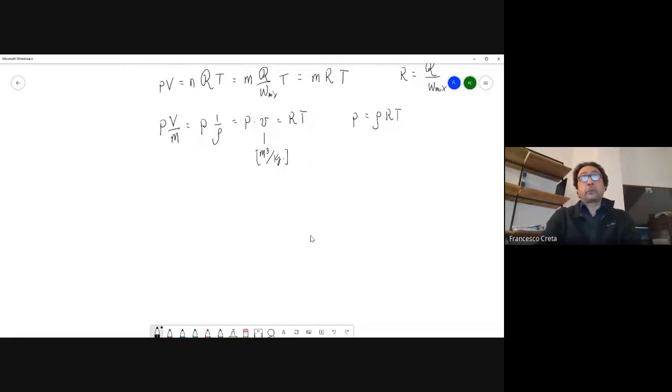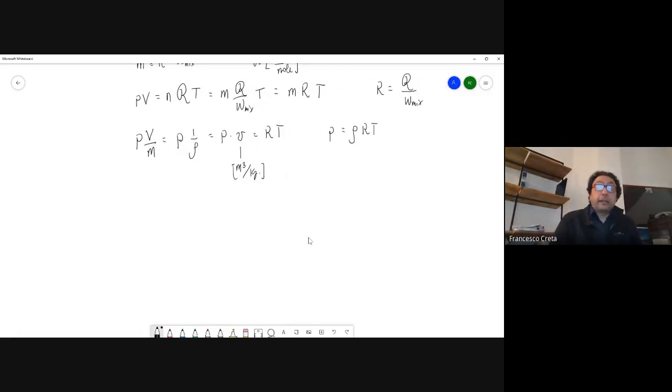I'm just revising here. The only thing that is actually worth mentioning is the ways in which we deal with composition, the relative quantity of each species within a mixture.